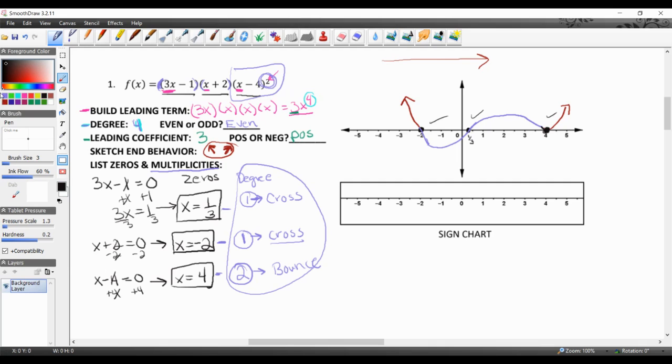The last thing I'm going to do for this problem is identify where f of x is greater than 0. So we can say, actually we'll do it this way. F of x is greater than 0, everything up here, but not including 0, okay? f of x is equal to 0, well, right on the x-axis, right?